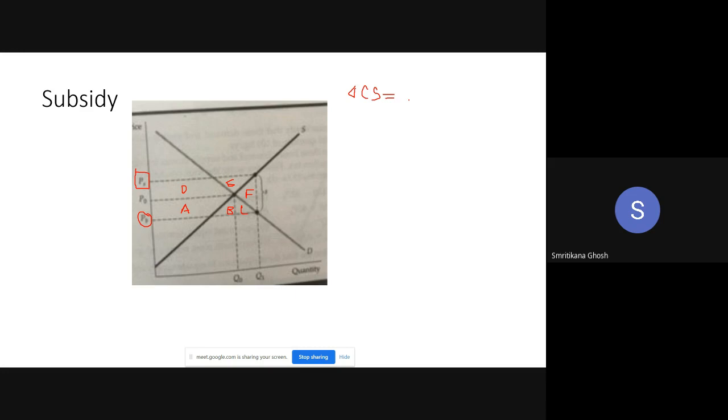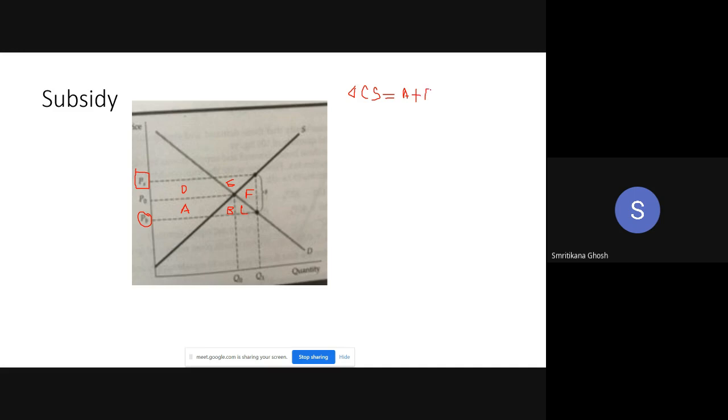Okay. So what is the change of consumer surplus? Consumers are giving a lesser price than before. So obviously this is the benefit for the consumer. And what is the amount of benefit? I'm writing. Just check if you have any query. Initially the price was P naught. Now the price is below that P naught.